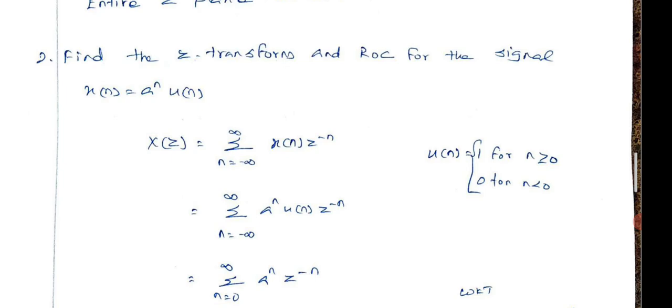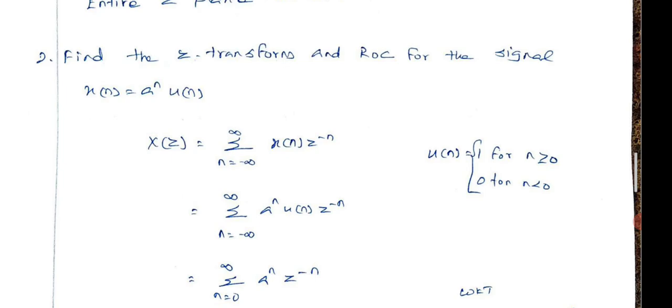Already we know from the first unit that u(n) is a unit step function. That is equal to 1 for n greater than or equal to 0. So the unit step function has the value 1 on the positive axis alone, and 0 for n less than 0. For n less than 0 there is no value on the left-hand side, so that is equal to 0.